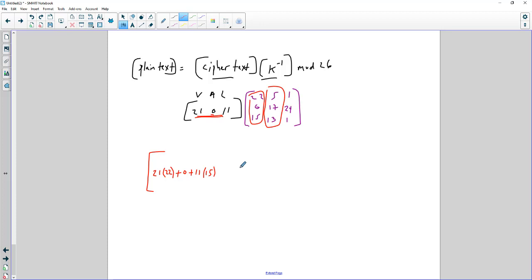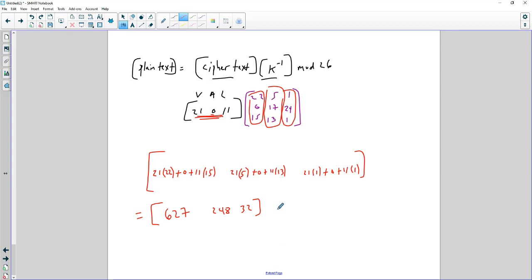So we got 21 times 5 plus 0 again, because 0 times 17, 11 times 13. And then lastly, this row against this column. 21 times 1, 0 times 24, which is 0, plus 11 times 1. So when we figure all these numbers out, that will equal these three numbers right here.